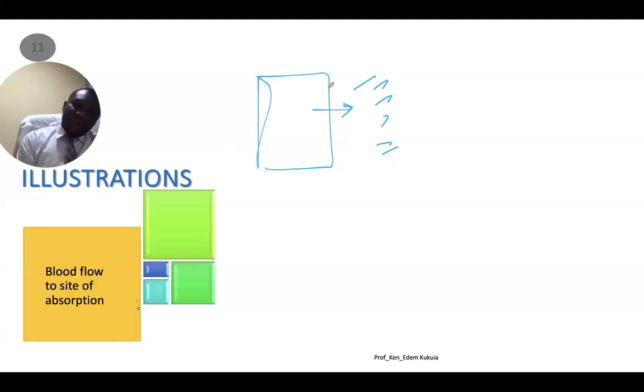Let's pick a scenario. A patient in shock would normally have blood flow to cutaneous sites reduced. Okay, when I say cutaneous sites, we are dealing with blood flow to the skin. So let's assume that I gave you a drug that is subcutaneous.